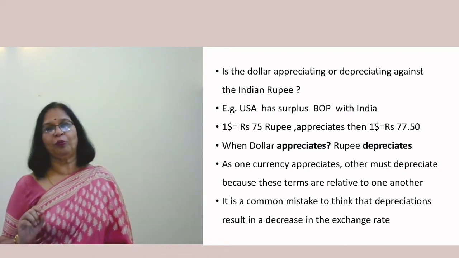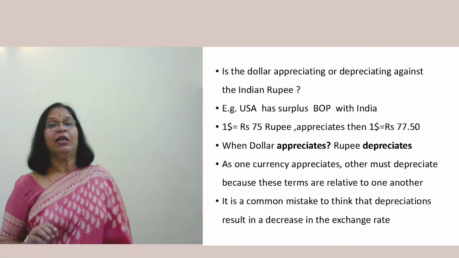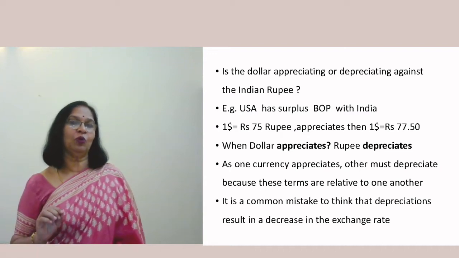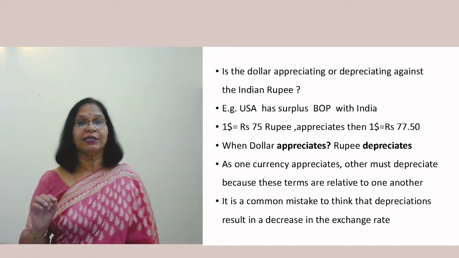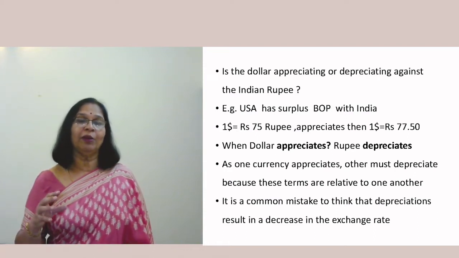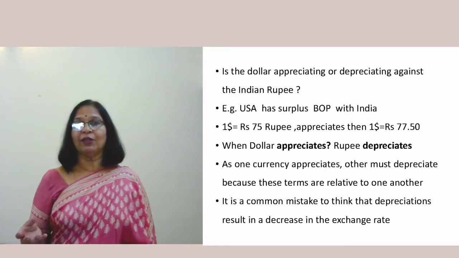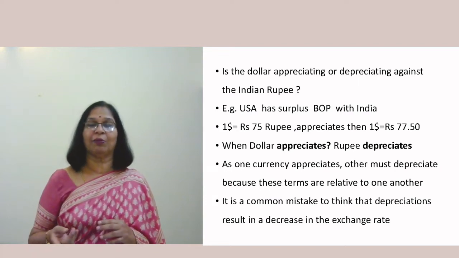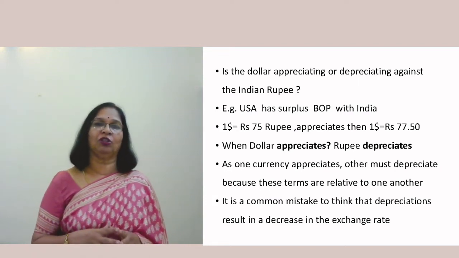Earlier, $1 could be purchased for 75 rupees. Now, the same $1 worth of goods can be purchased only for 77.50 rupees, which means any importer of commodities from USA will have to pay 2 rupees 50 paise more to buy $1 worth of commodities.